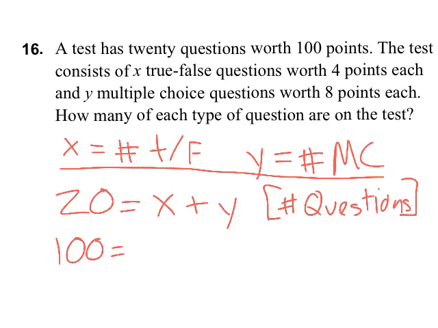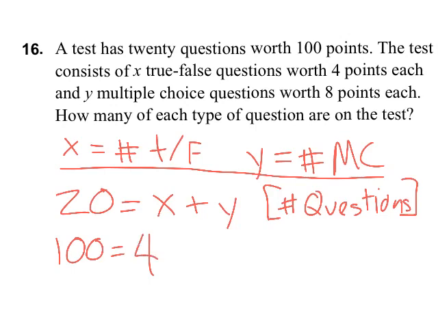So if I am trying to figure out the total amount of points for all of the true-false questions, I have to do the value for each true-false question times the number of true-false questions. Okay? So how many points is each true-false question worth? 4. Come on, guys. Focus, okay? So 4 points per question.